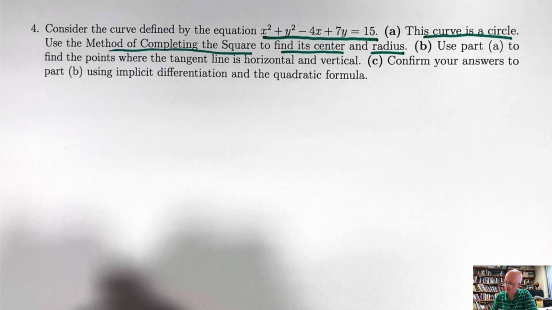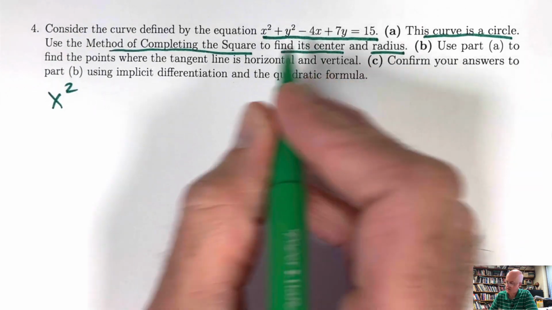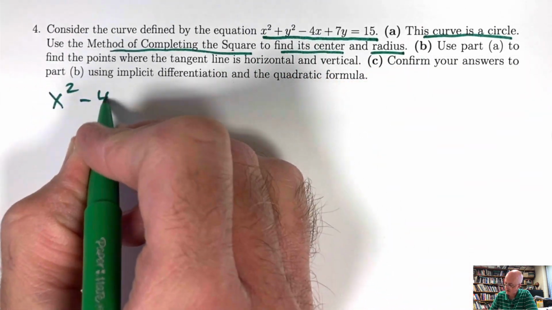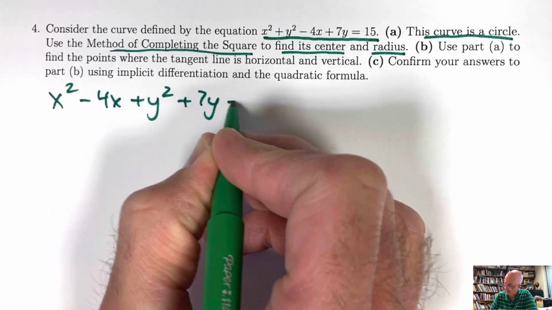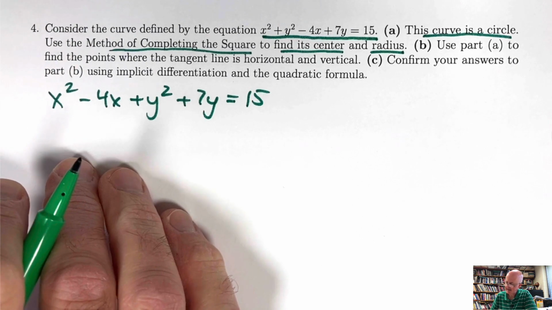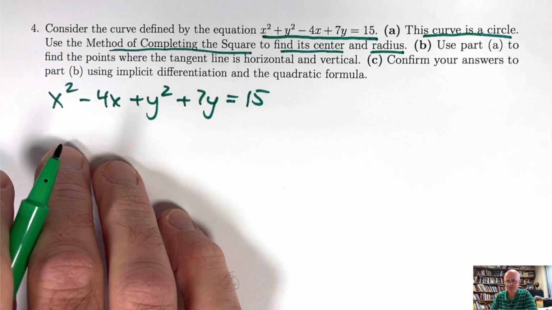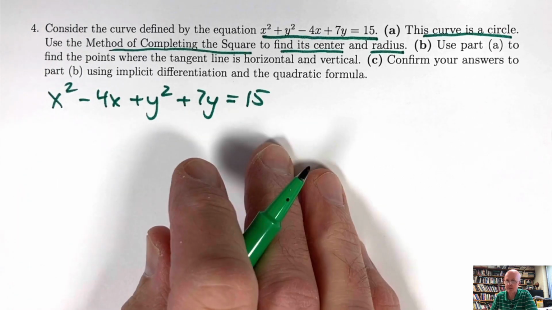Okay, so how do you confirm this curve is a circle? Well, let's rearrange the left side first. Let's group the x terms together, and then we'll group the y terms together. We'd ultimately like to complete the square, because we'd like to write this as x plus or minus something squared and y plus or minus something quantity squared equals something squared.